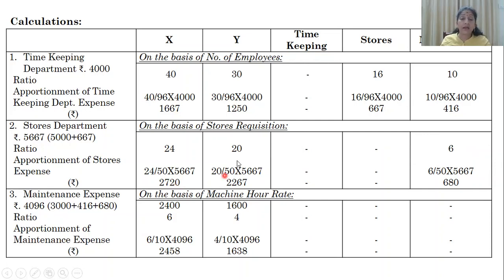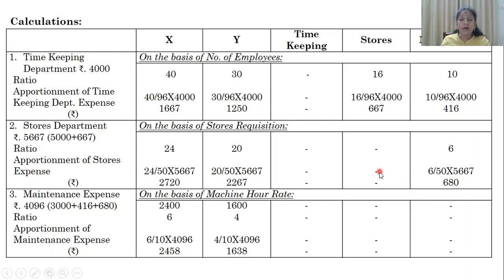How much are we getting? 2,720. Next Y department, Y ratio 20. 20 divided by 50 into 5,667. How much are we getting? 2,267. Okay. Next timekeeping, there is nil. Then stores, we have taken the amount from stores, so here also nil.